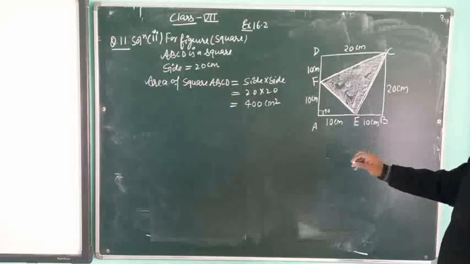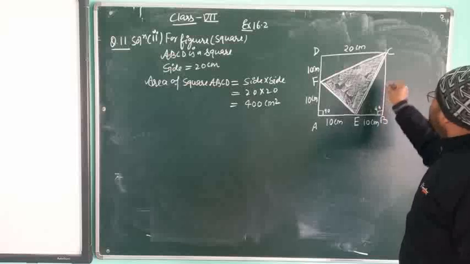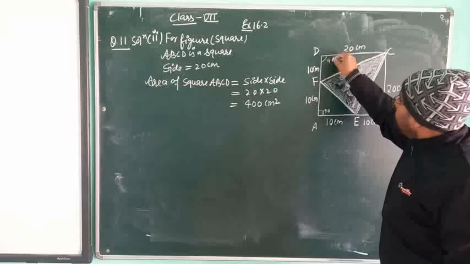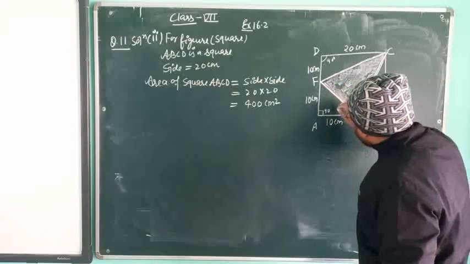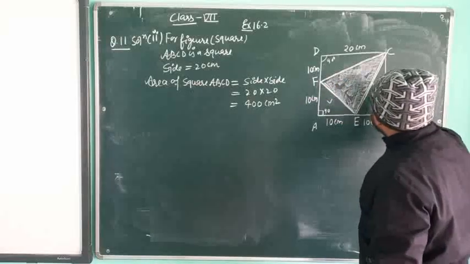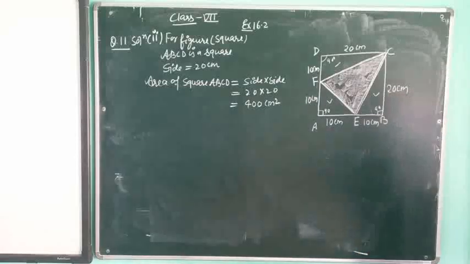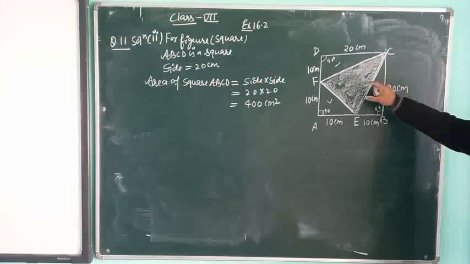So because it is a square, all angles should be 90 degree. This is also 90 degree. So if we subtract the area of this region and that region, then we will get the area of the shaded region.